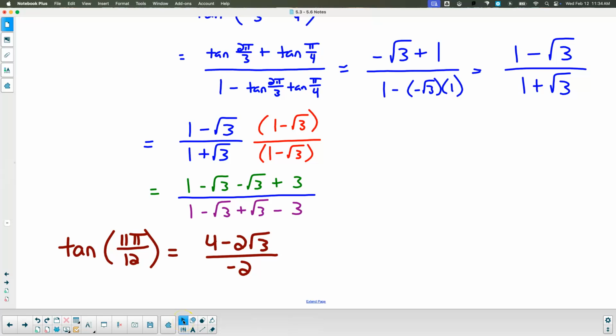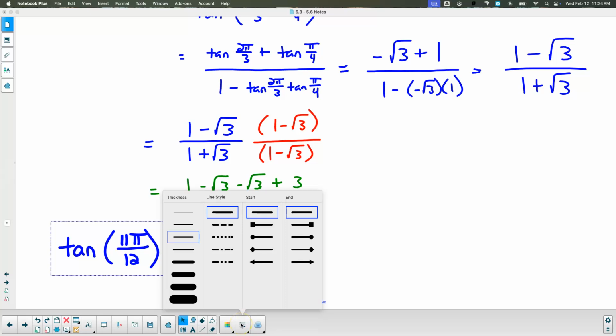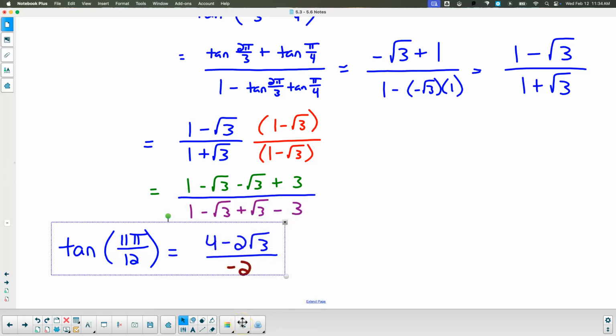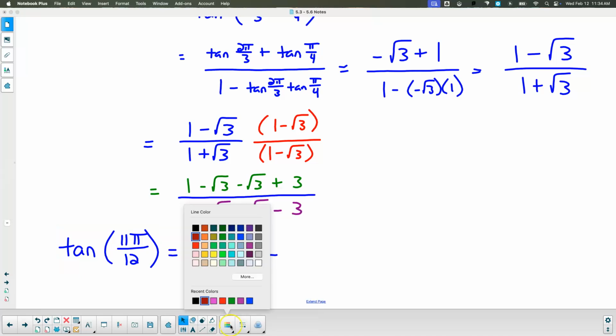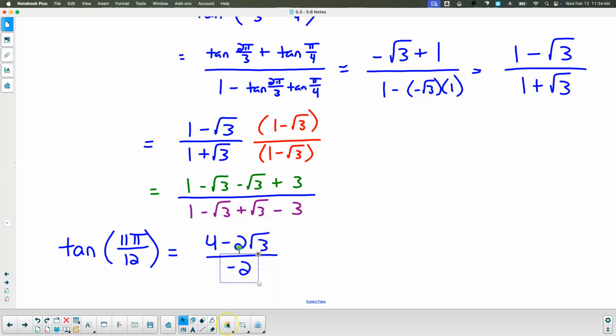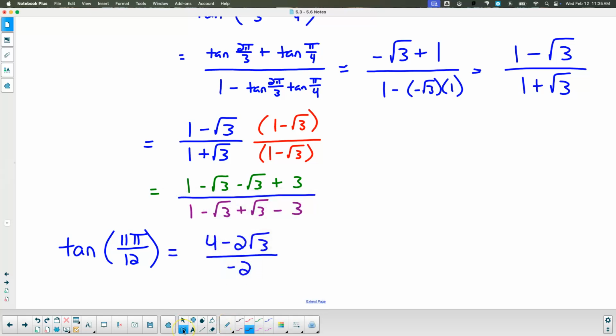So I'm going to change this whole thing. Yep, don't like it. Switch the colors. Okay, so what do I like instead?